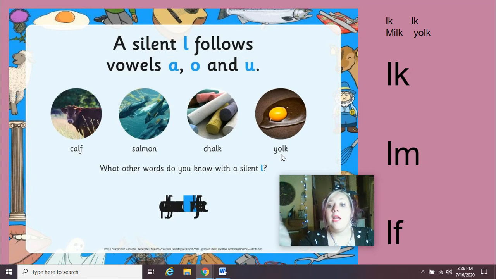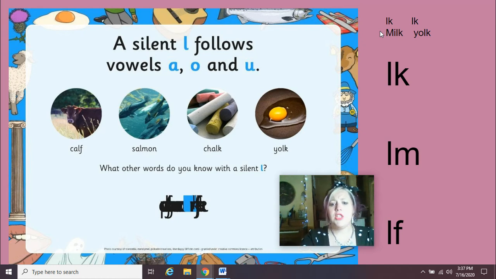Okay. Now I want you to pay close attention, because we know that LK can also be an ending blend. So, like in the word milk, I can hear both of those. That's a blend, two letters, and each of the sounds is blended together. Milk, milk. I can hear each of those sounds.